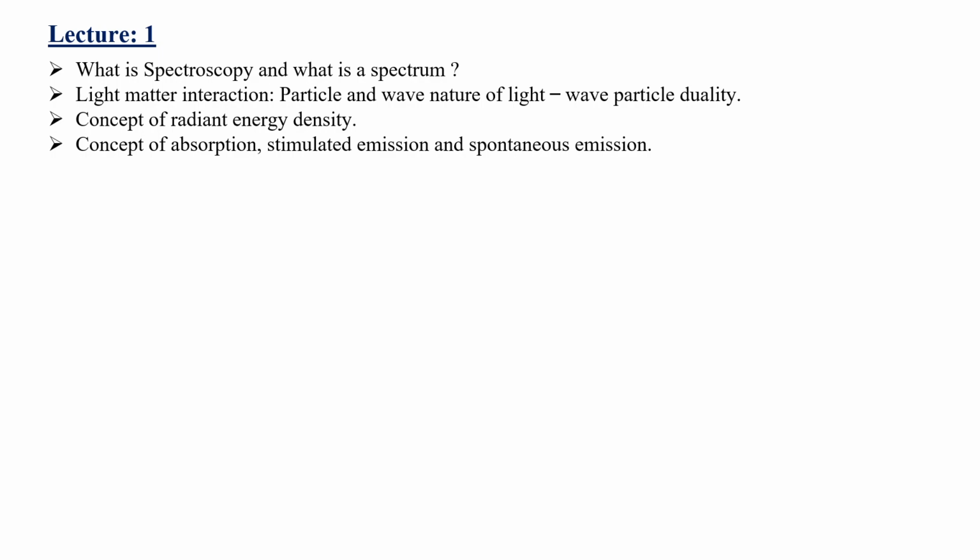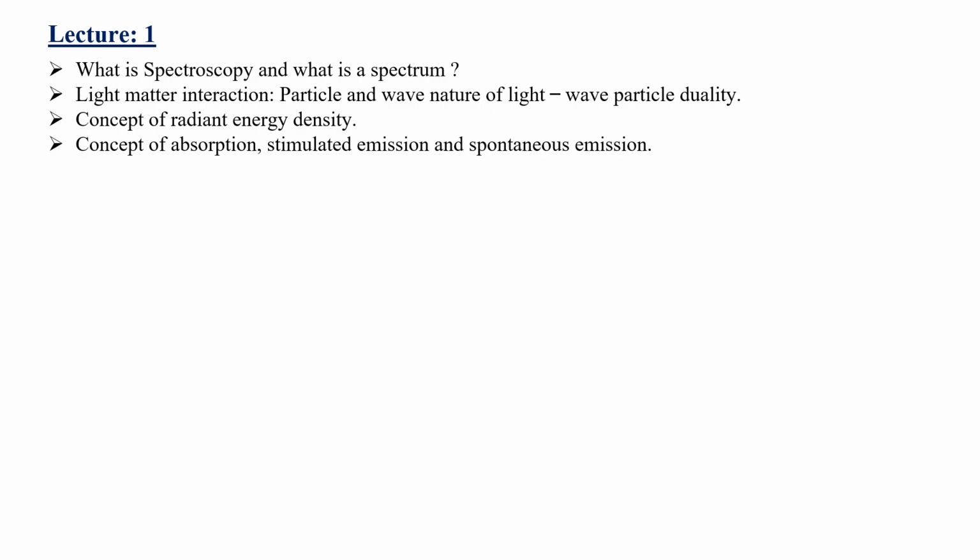So it gives you an idea about what density of light is falling on a substance, and that you can relate with Planck's black body equation. That will also be important in the next coming slides.